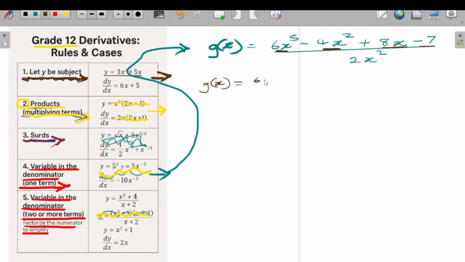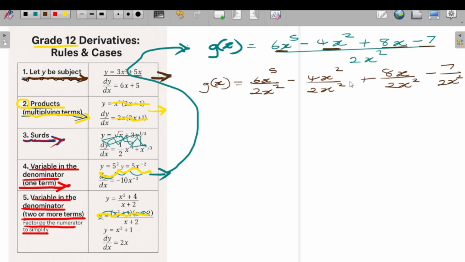So we have 6x to the power of 5 divided by 2x squared, minus 4x squared divided by 2x squared, plus 8x divided by 2x squared, minus 7 over 2x squared. So this is what we do.